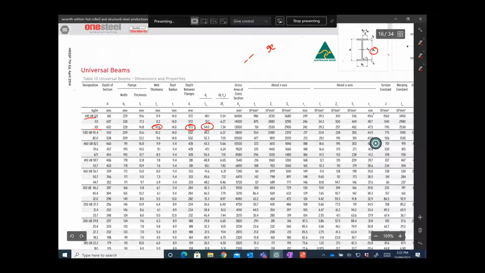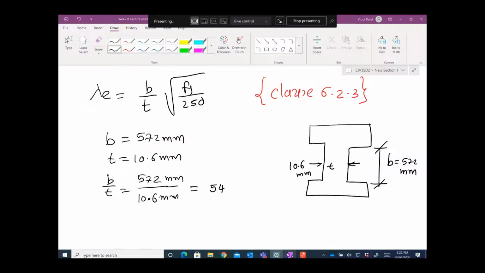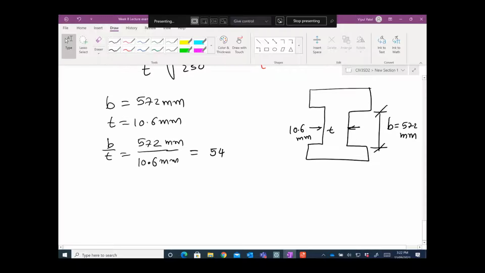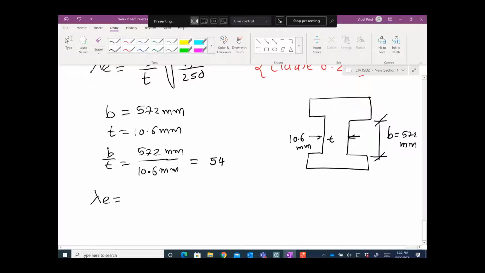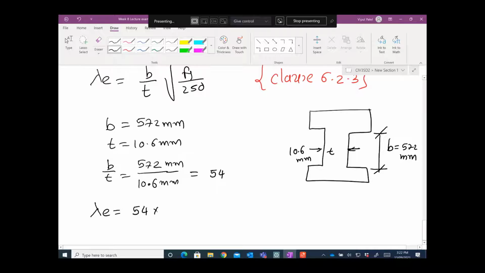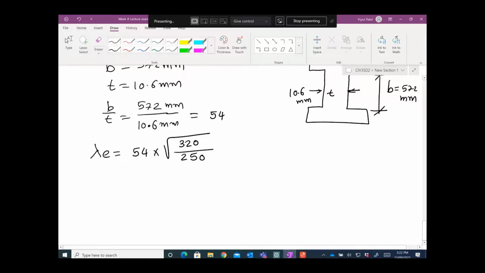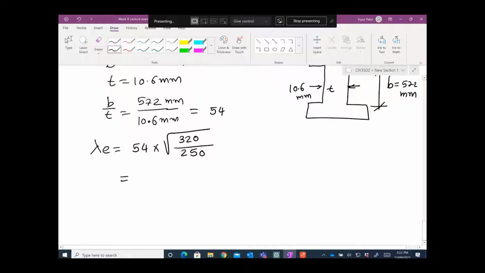There you go, 54, D1 on TW. So the check is completed, 54, and lambda E is equal to 54 times the square root of 320 over 250. 320 over 250 under the square root times 54, you get 61. And let's take the lambda EY value.